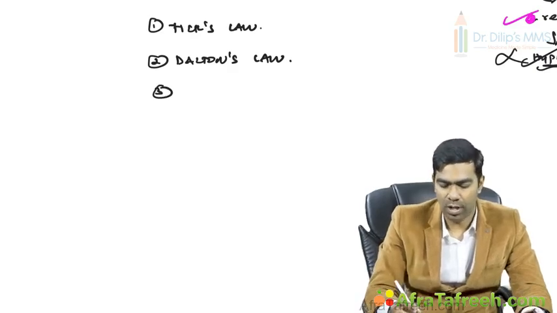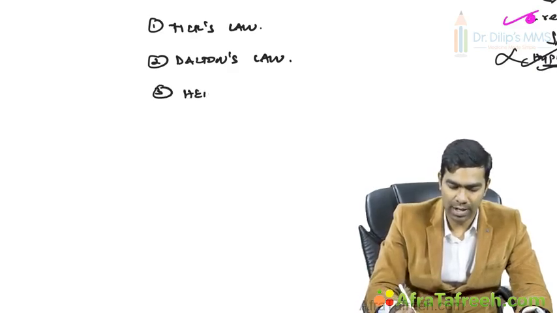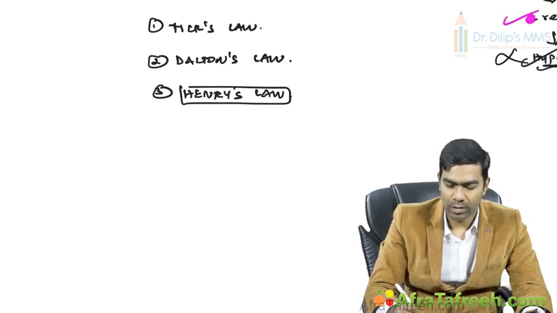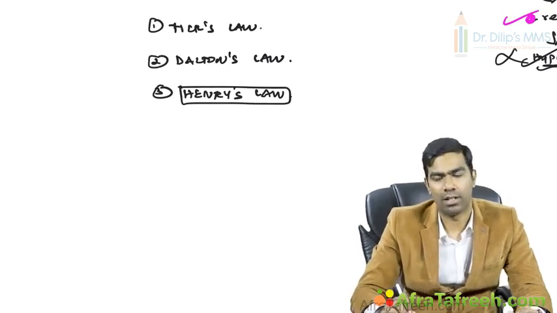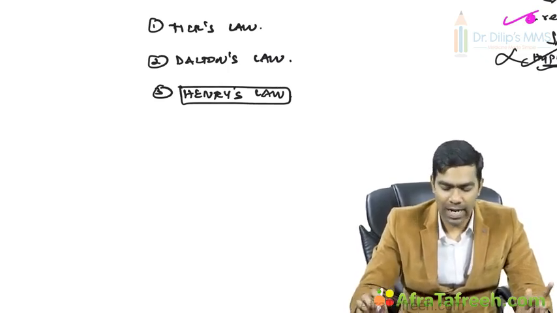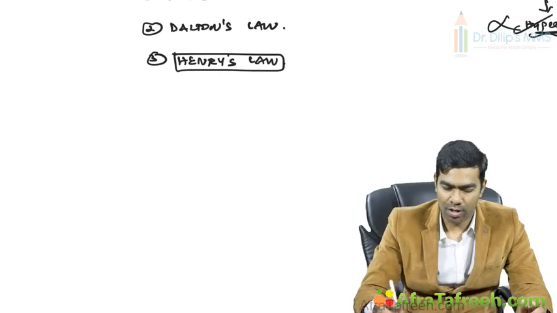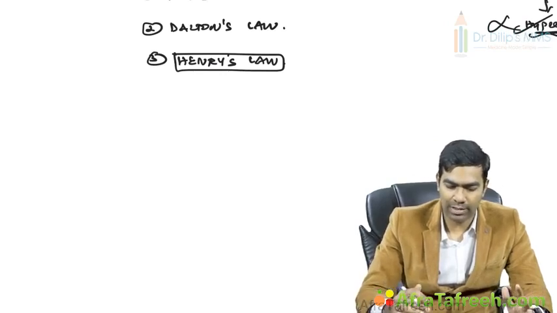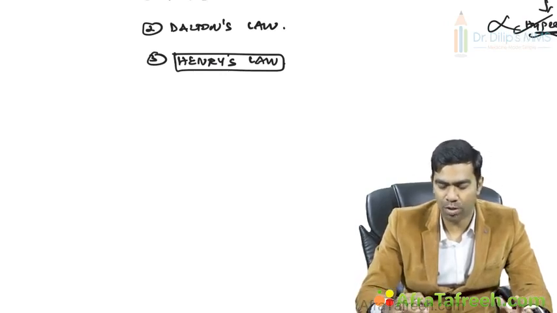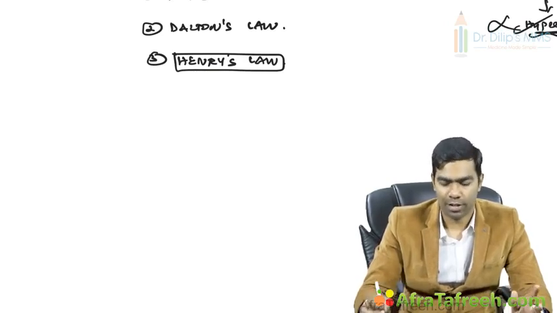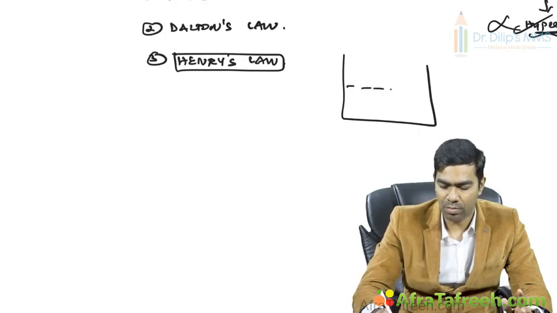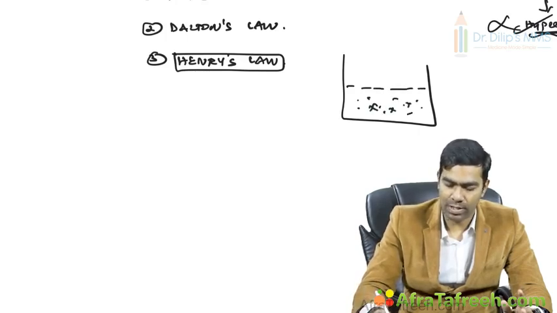Okay. Number 3, you have a third law called Henry's law. So what do you mean by Henry's law? Henry's law is telling you that the amount of dissolved gas in a solution is proportional to the partial pressure of the gas. So which means, let us assume a fluid, and let us assume this green thing is a gas.